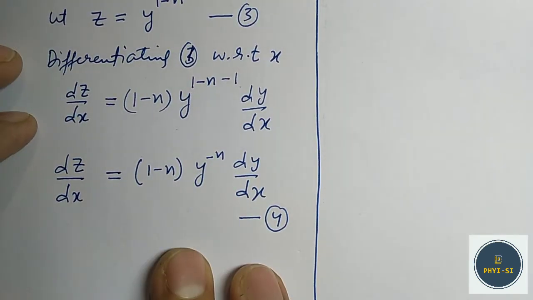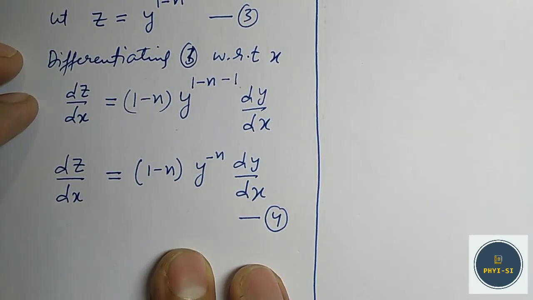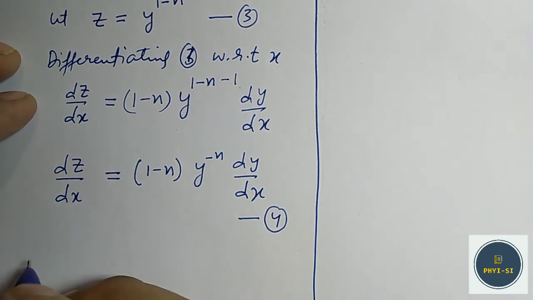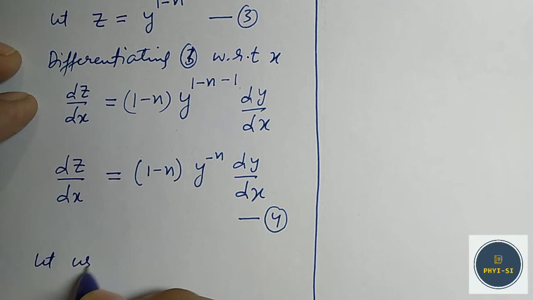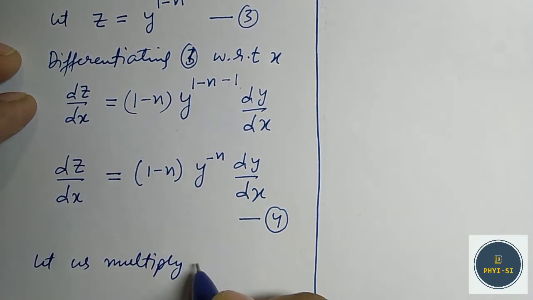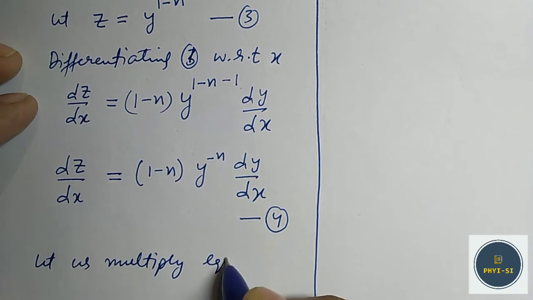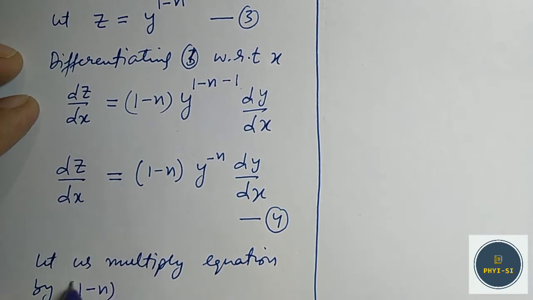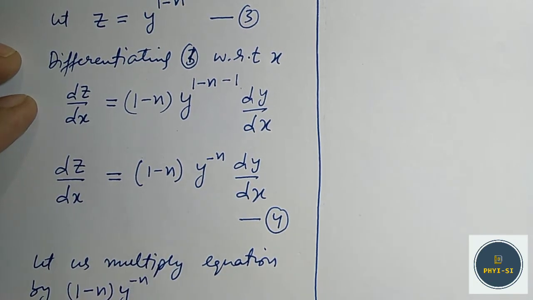Now we will put equation number 4 in equation number 1, the Bernoulli equation. But first let us multiply equation 1, the Bernoulli equation, by 1 minus n into y raised to power minus n.